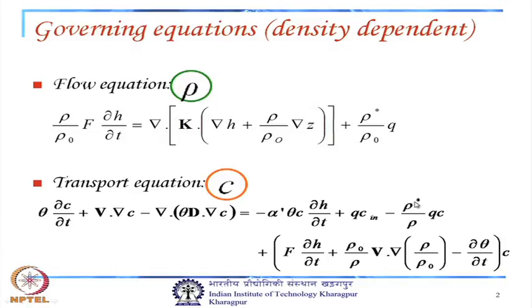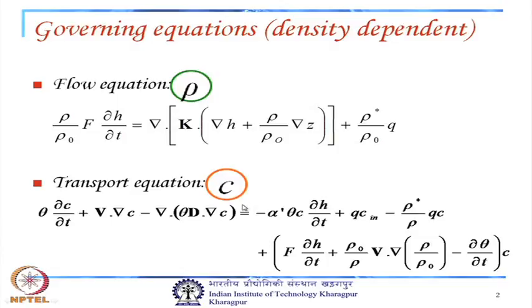Similarly, Q star, this rho star is the density of the injecting or extraction related fluid. So, these are the terms which are there in the transport equation.